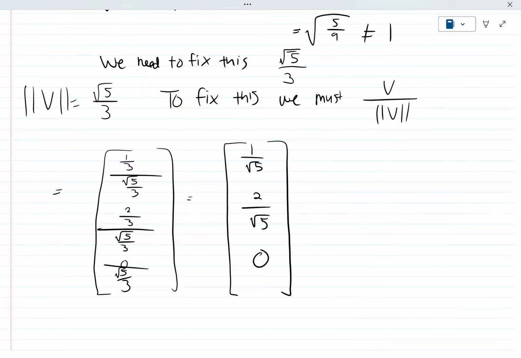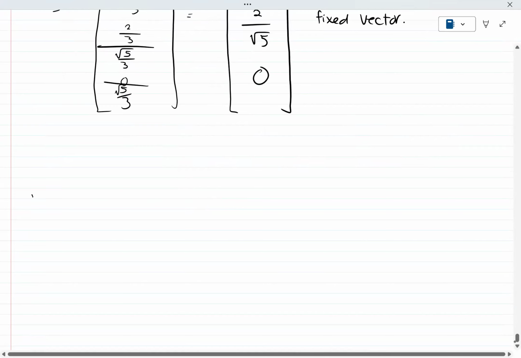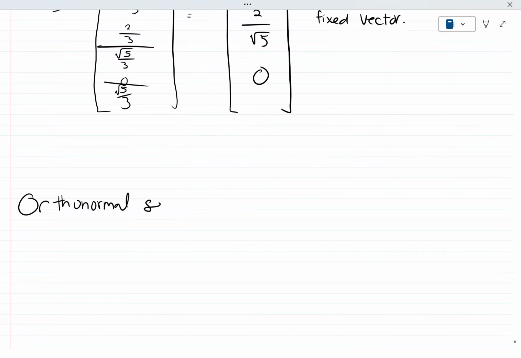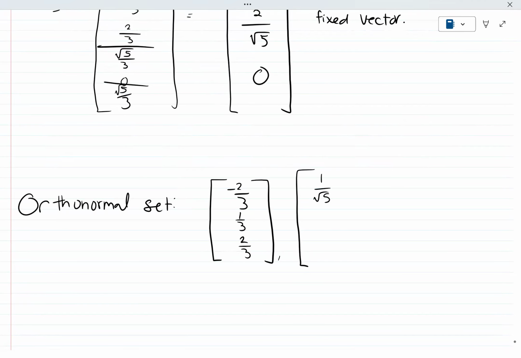So this would be our fixed vector. Our orthonormal set is this: -2/3, 1/3, and 2/3 for vector u, and for vector v, when you simplify it, 1 over the square root of 5, 2 over the square root of 5, and 0.